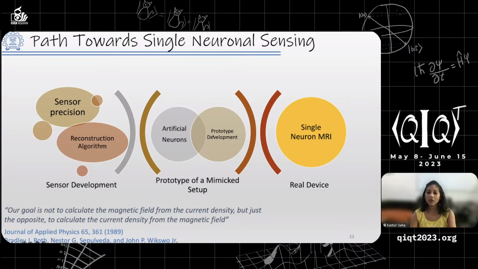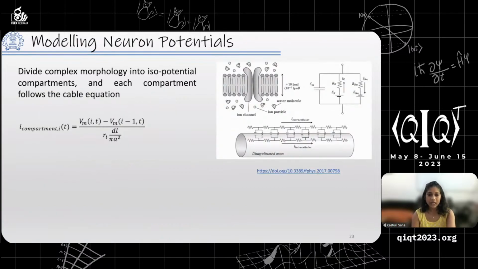Right. And so then we want to develop something of a prototype, and hopefully one day we will be able to go towards single neuron imaging. Now, with that, we started developing models for neurons, and neurons are very well understood. There's a very nice circuit model for a neuron, which has been developed by Hodgkin and Huxley.